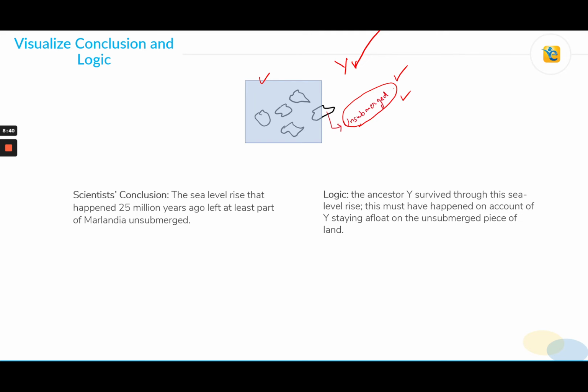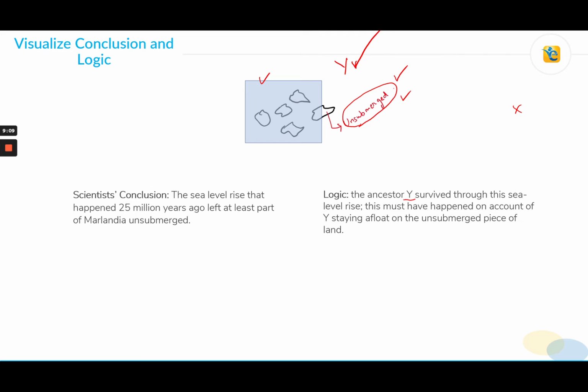It's entirely based on the ancestor Y. It does not care about the modern day reptile X. It does not care about any other species that exists. The logic is only based on the fact that the ancestor Y somehow survived the rise in sea level. The scientist here believes that the reason Y survived the rise in sea level is because it managed to stay afloat on some unsubmerged piece of land.